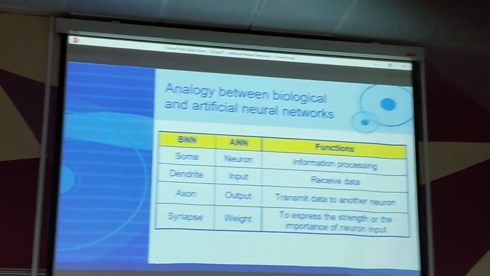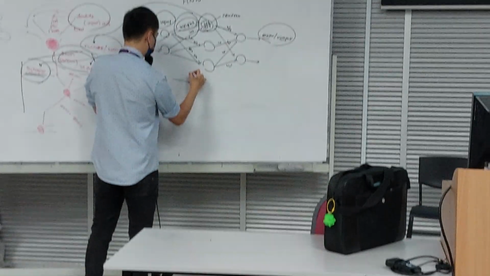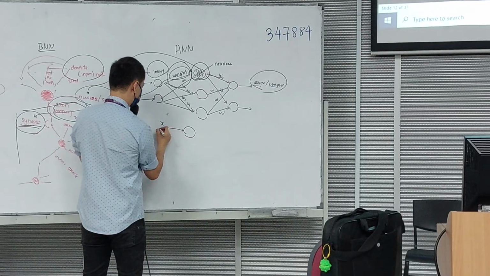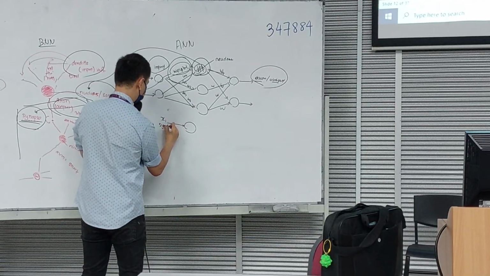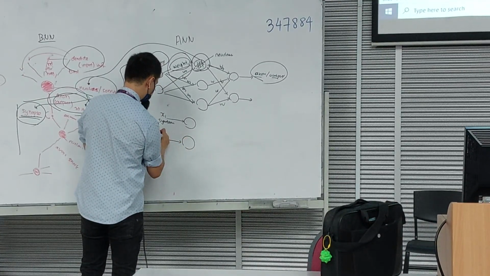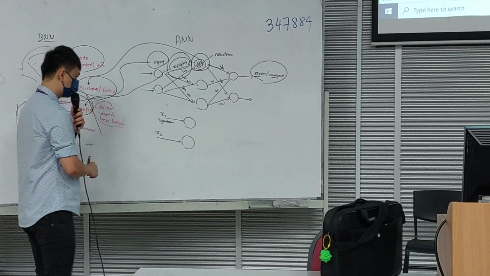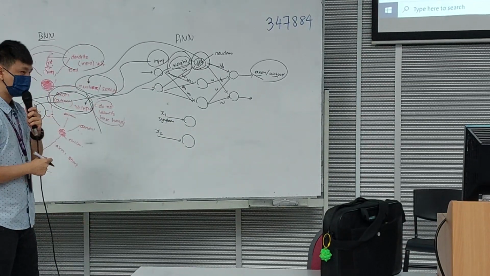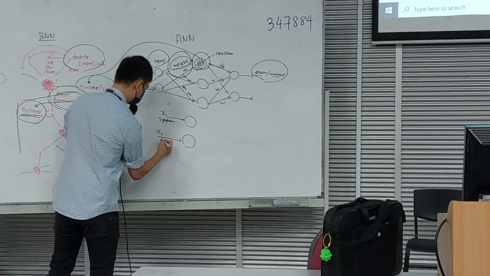Okay, so let's say now you have one input. So this is your input 1, x1. It's called symptom. So you have another neuron, the second feature here. Okay, second feature, maybe their weight.